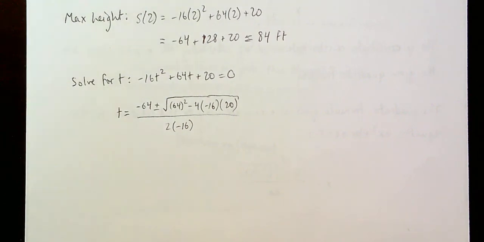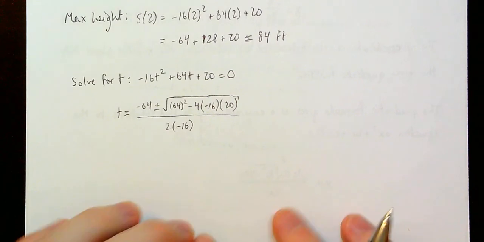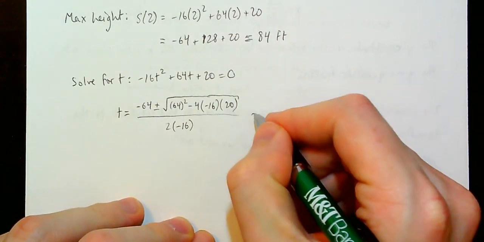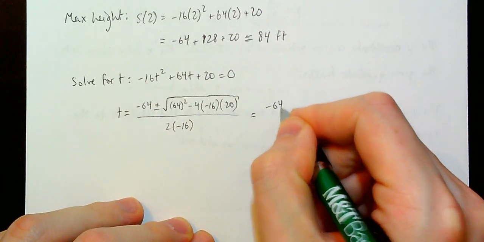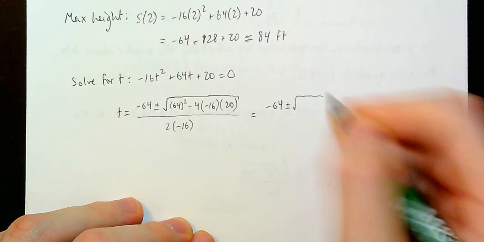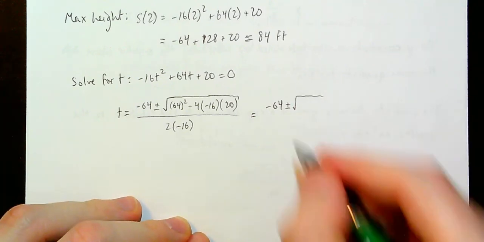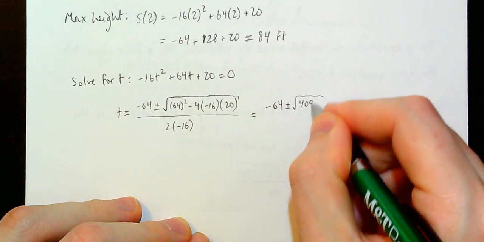So now we have some ugly calculations here. Let's take care of what's inside of our square root first. We have minus 64 plus or minus, 64 squared is 4,096.